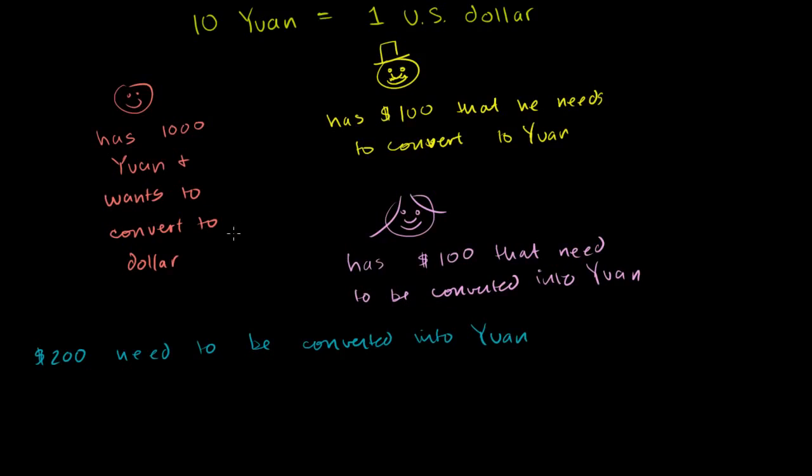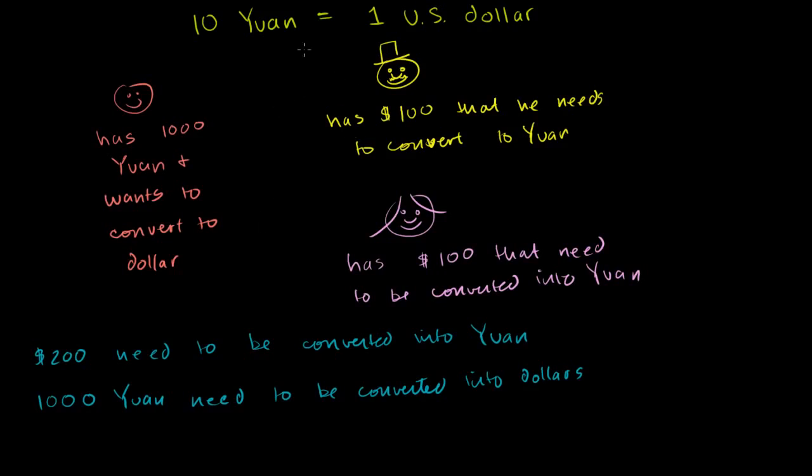And then on the other side of that transaction, we have 1,000 yuan that need to be converted into dollars. And for simplicity, these are the only actors. They are representing the entire market. Although, as we know, in currency markets especially, there are thousands or even millions of actors actively participating in them. So what's going to happen?